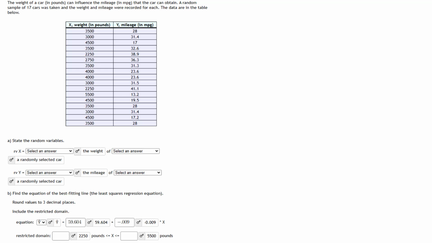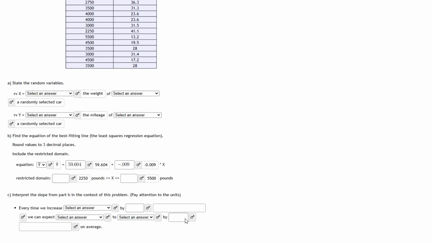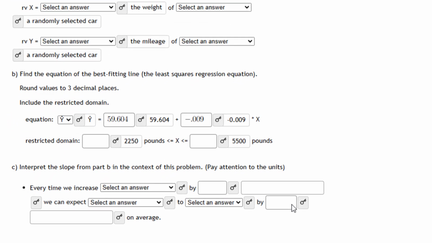So basically, we just can't do any kind of estimations outside of the range of the values for x that we actually see within our sample. So because we only looked at cars that ranged from 2,250 up to 5,500 pounds, we're limited in only being able to predict miles per gallon for cars within that range of weights.